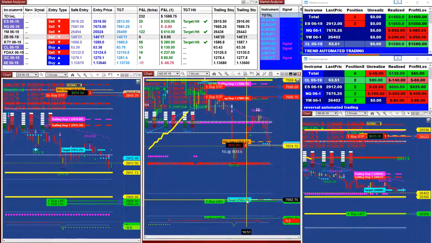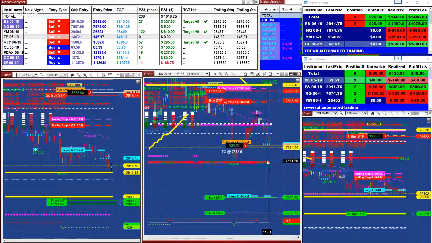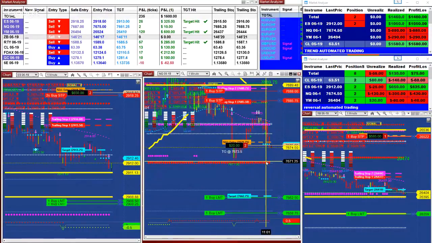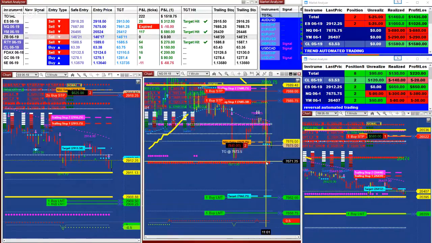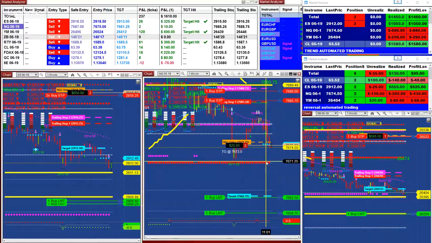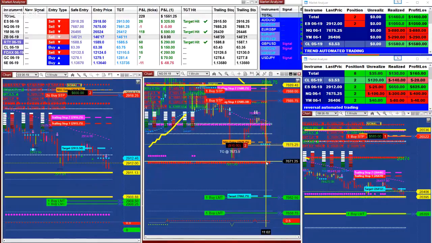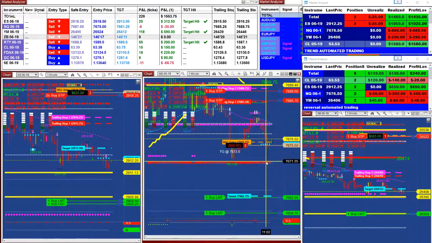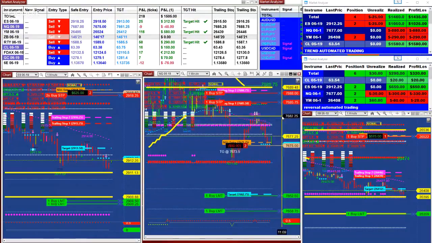So it is very important to keep your eye on the 71.25, please. Pullback on the Nasdaq.